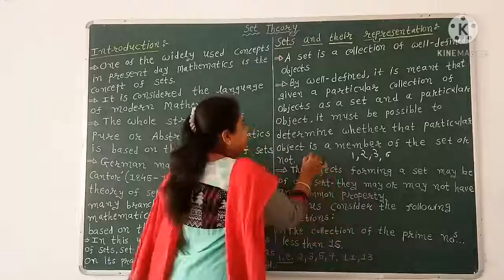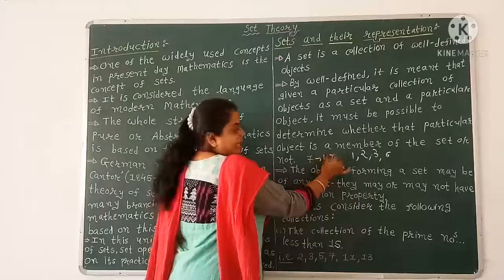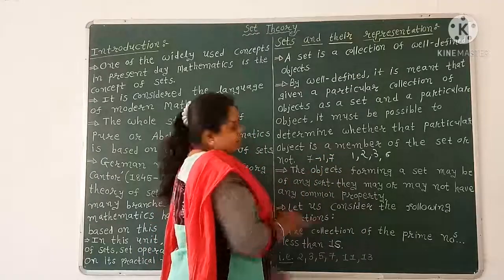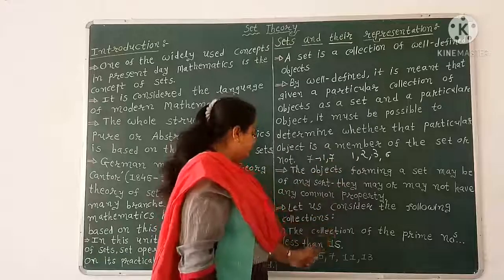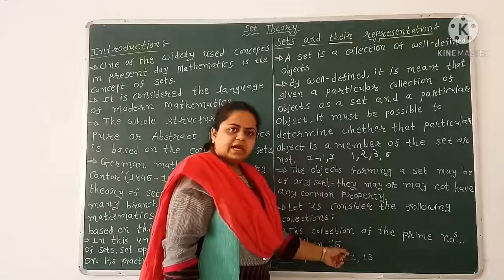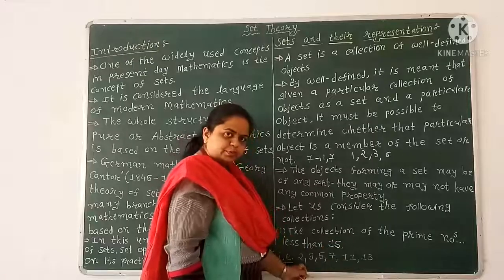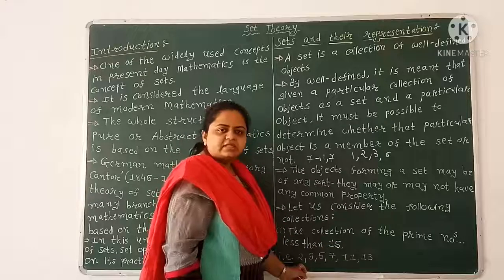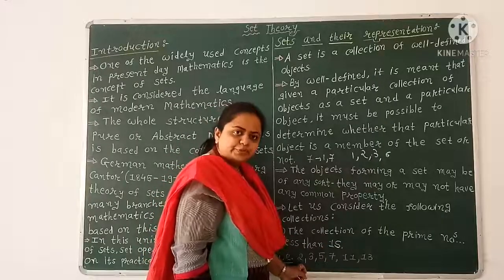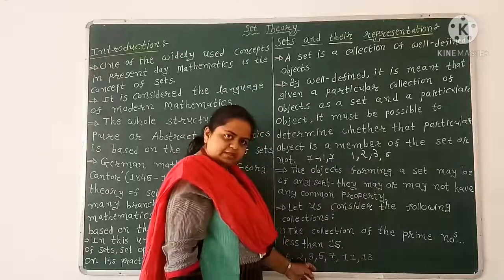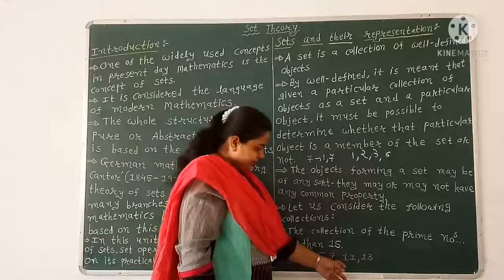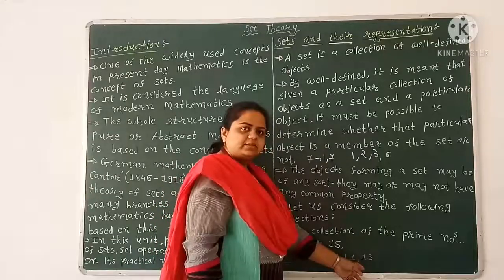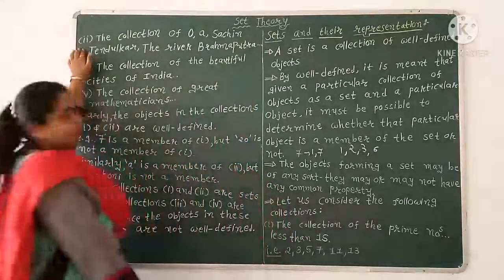Whereas 7 has factors 1 and 7, so 7 is a prime number. So, prime numbers less than 50 are 2, because 2 has factors 1 and itself, 3, 5, 7, 11 and 13. Now, collection 2.